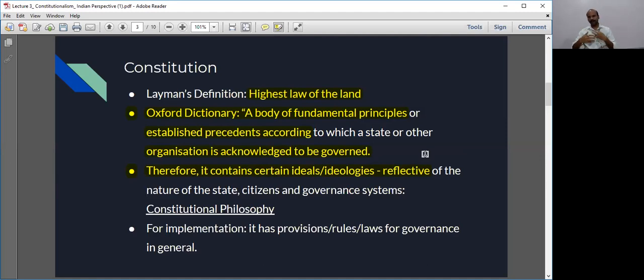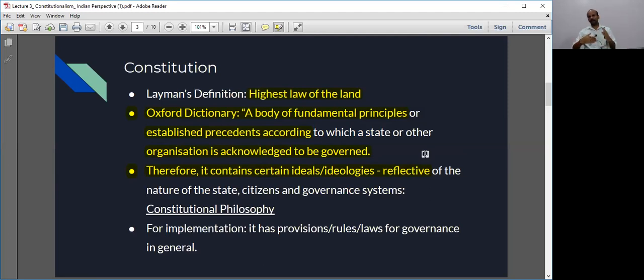But underlying these set of articles are a set of philosophies or ideals or ideologies, right? So let's say fundamental rights are not only about rights, rather they also emphasize the key ideologies that are inherent or embedded in that part, like justice to each and everyone, equality to the citizens. Similarly, you have the notion of freedom or liberty, which is inherent in part 3 itself. So what I'm trying to make the point of is that constitution contains certain articles.